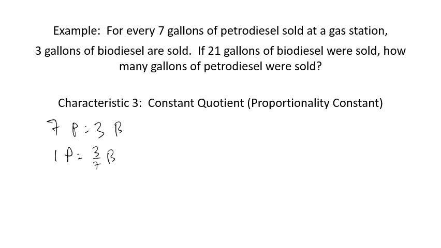So for every p, it would be 3/7 of a b. So if we continue this on, we could say that 2p is 6/7 b, that 3p would be 9/7 b. And so you can see here that b is going to be the amount of p times 3/7.